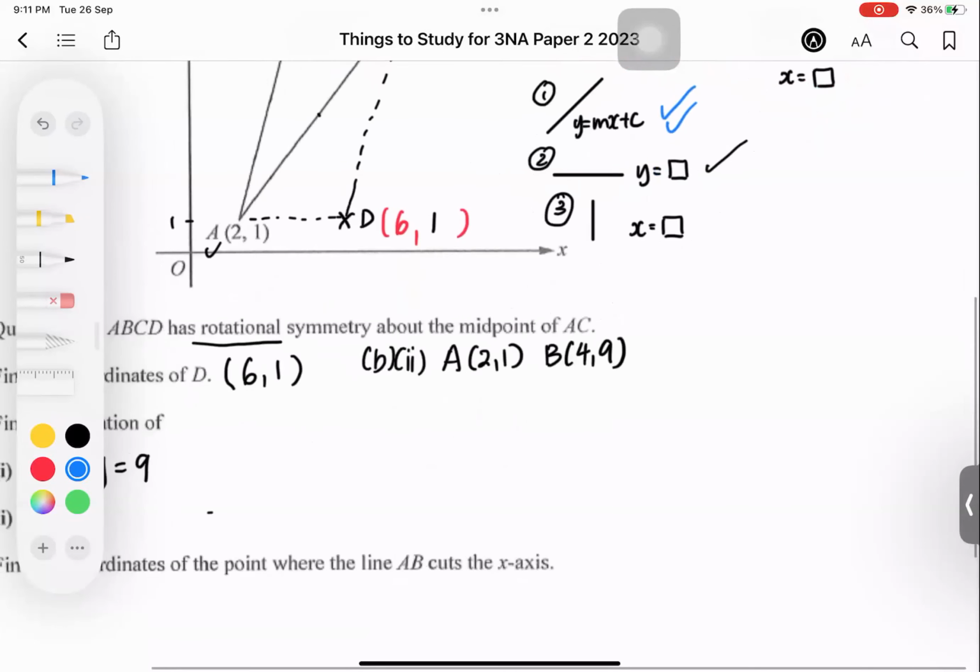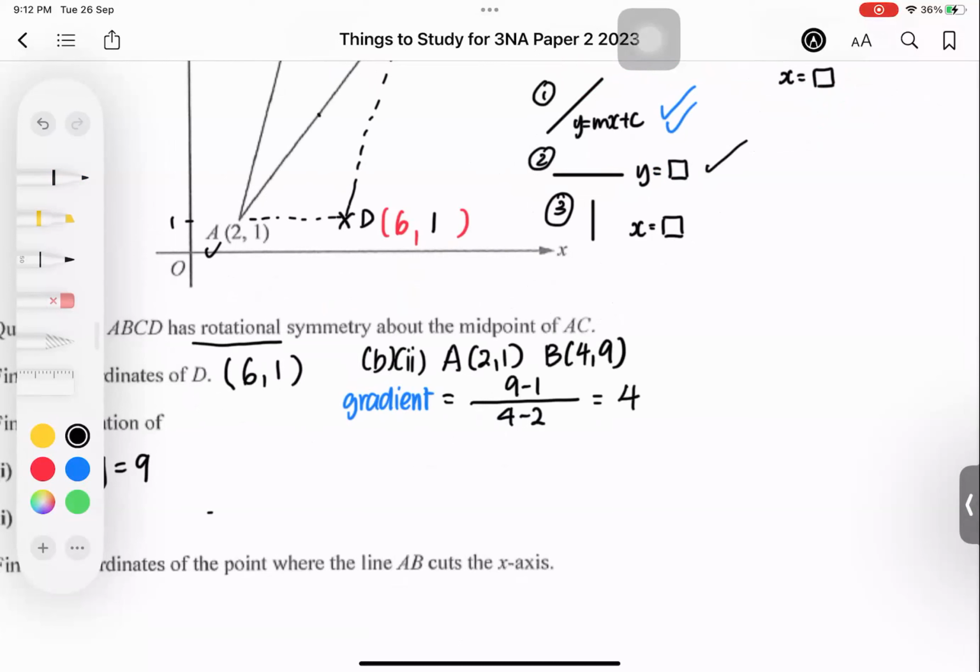First step, find gradient. Gradient equals y2 minus y1 over x2 minus x1, 9 minus 1 over 4 minus 2. What is this answer? Okay, I got answer 4.